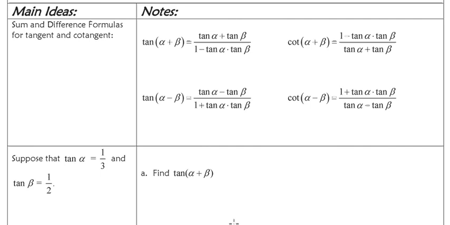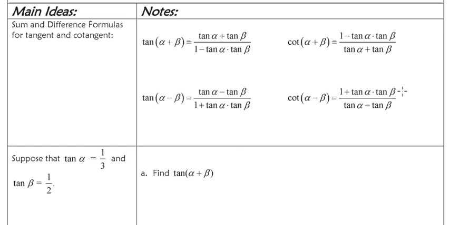If we're going to have tangent of alpha minus beta, well, we'll plug in negative betas here, and so that would be a minus tangent of beta, and negative tangent of beta times tangent alpha would give us a negative here, so minus a negative turns into plus. Likewise for cotangent, that's just the reciprocal of tangent. So notice the numerator and denominators are just switched, and there's your 4 new formulas.